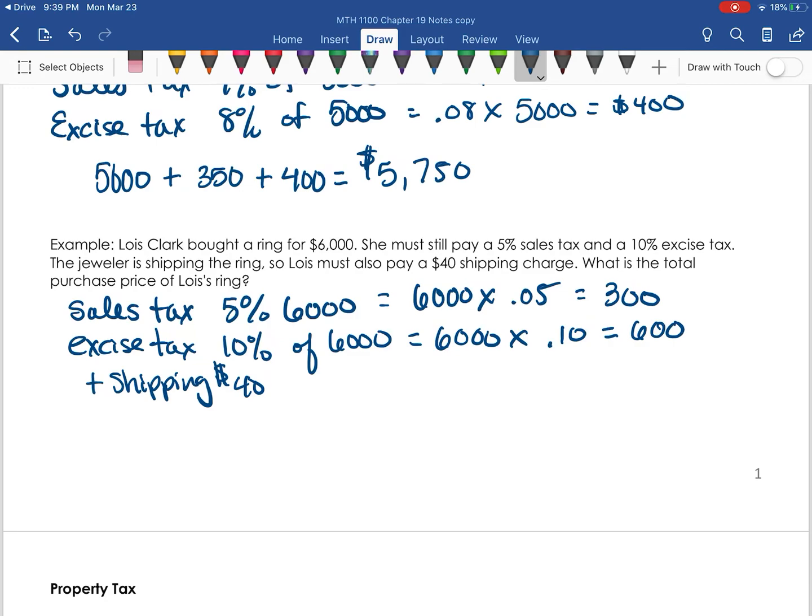That's going to give me $600 for the excise tax. And so when we add this all up, I have 6,000 plus 300 plus 600 plus the 40 for the shipping. That will give me a total of $6,940.